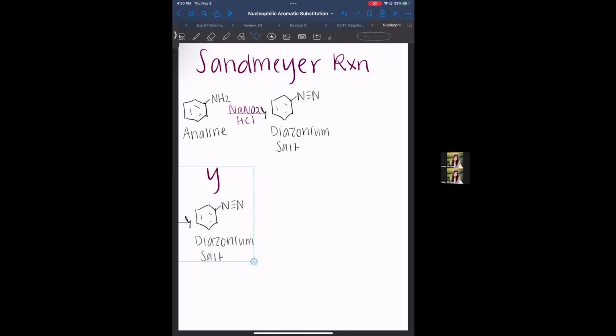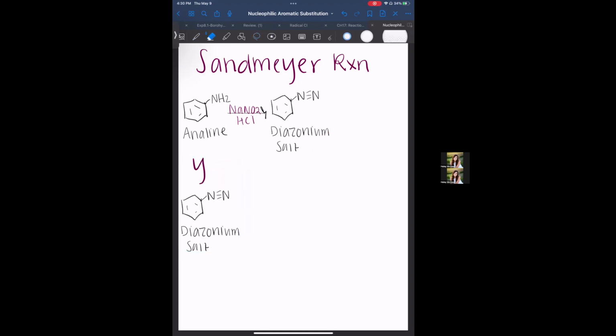So we can first react it with CuCl. And this is going to give us, in place of those nitrogens, a chlorine. Or we could react it with CuBr.